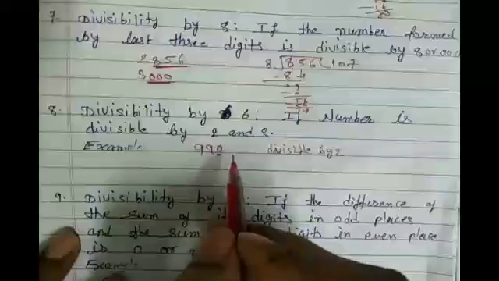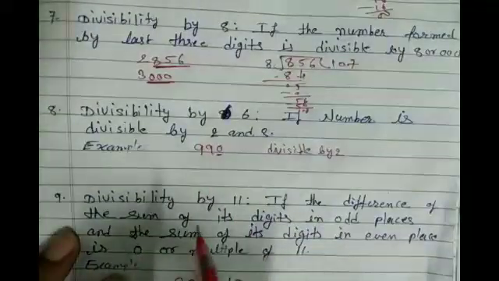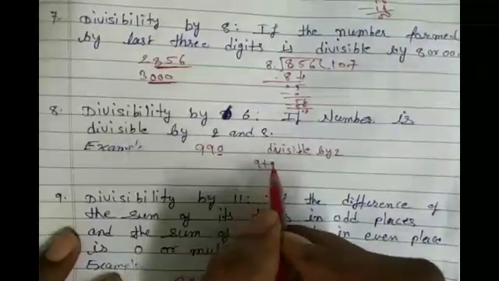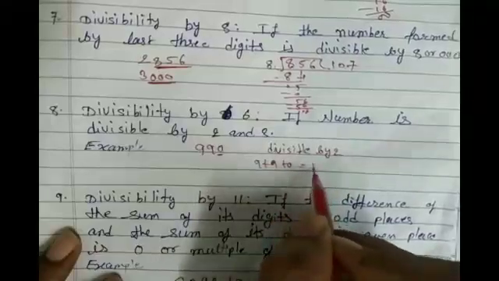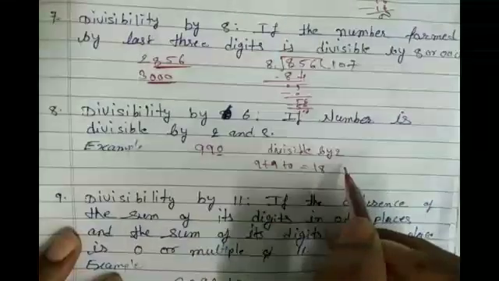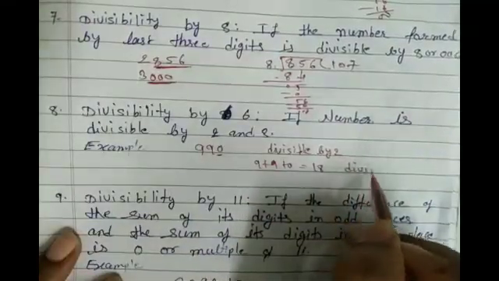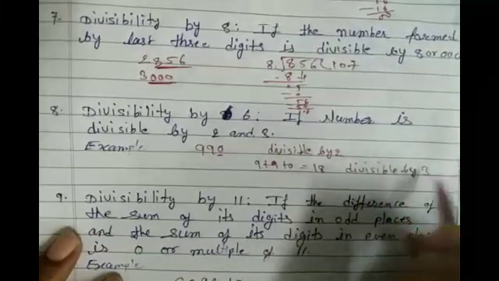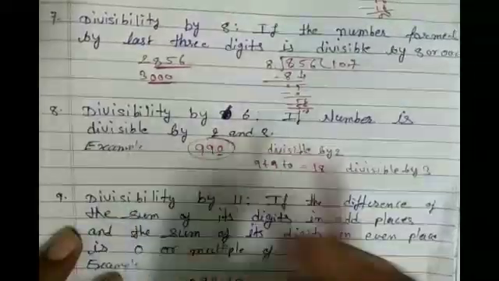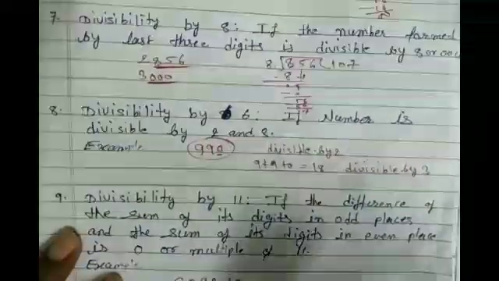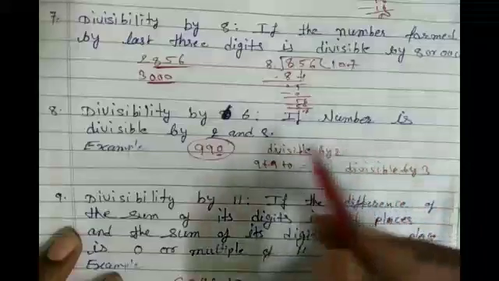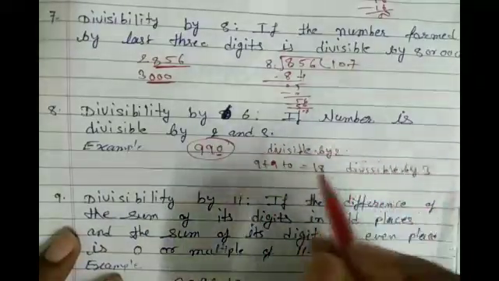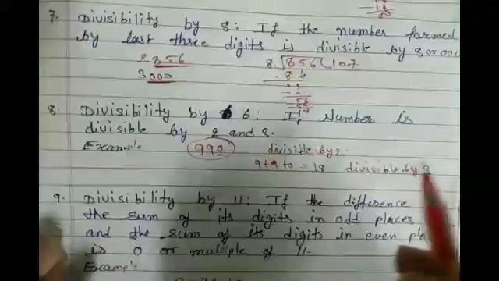The first criterion is completed. Now the second criterion: check whether it is divisible by 3 or not. So add 9 plus 9 plus 0, which is equal to 18. So yes, divisible by 3. So this whole number is divisible by 2 and divisible by 3. So if a number is divisible by both 2 and 3, then it is also divisible by 6.